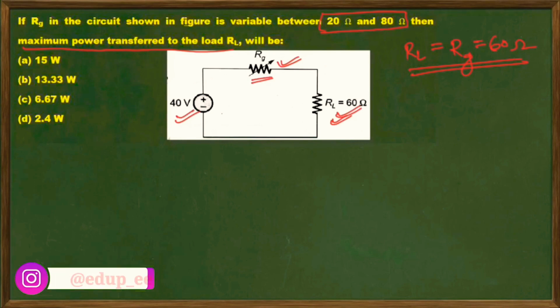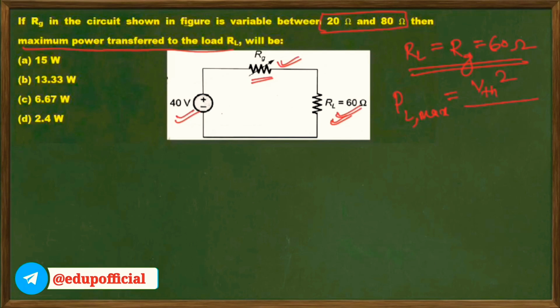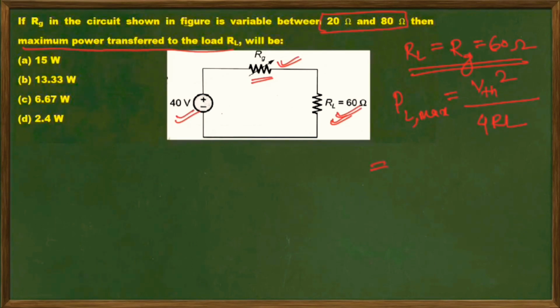And we derived the maximum power that can be transferred to the load as PL max equal to VTH square divided by 4 into RL. Here VTH is 40 volt, the Thevenin's voltage. So 40 square divided by 4 into RL, which is 60.